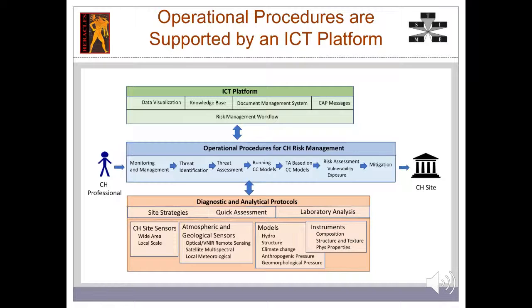So, for example, a site manager may be trying to make a decision about whether to go forward with reinforcing a particular cultural heritage structure, and that site manager needs more information about the health of the structure under concern, or perhaps about the potential for weather that will be stressing the structure.